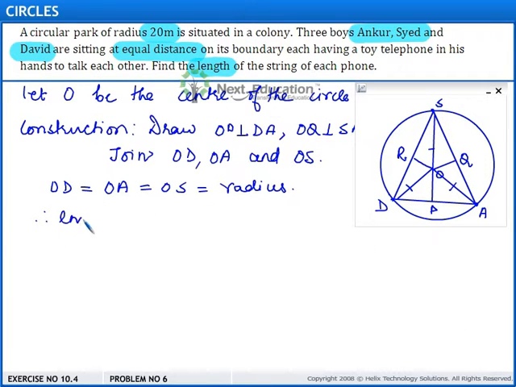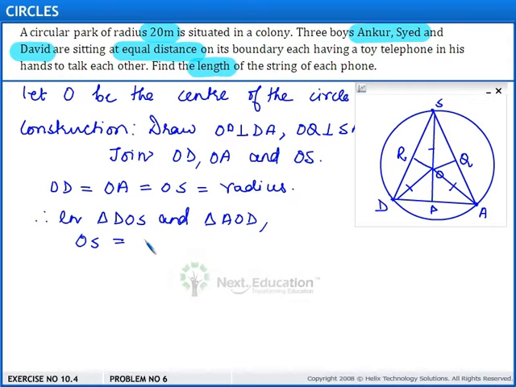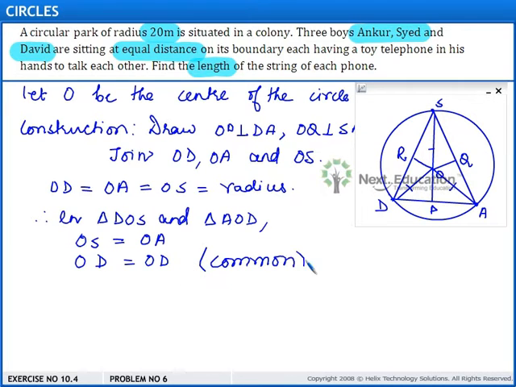Therefore, in triangle DOS and triangle AOD, we have side OS is equal to OA, OD is equal to OD, this is the common side, and DA is equal to SD.